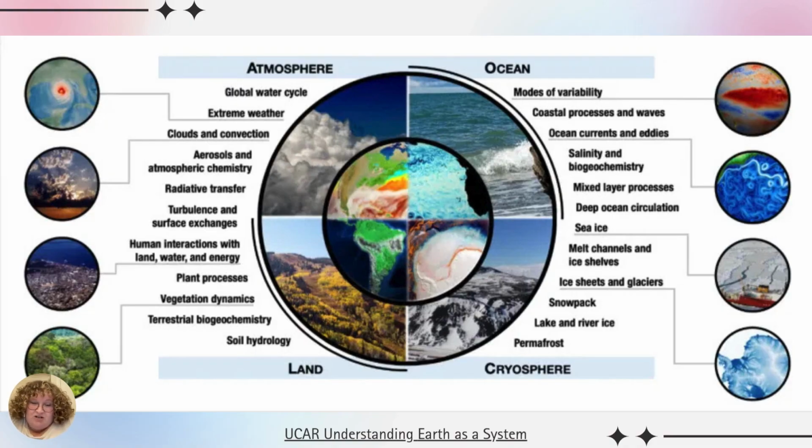And now I'll go from ocean to cryosphere: modes of variability, coastal processes and waves, ocean currents and eddies, salinity and biogeochemistry, mixed layer processes, deep ocean circulation, sea ice, melt channels and ice shelves, ice sheets and glaciers, snowpack, lake and river ice, and then permafrost. So overall, you don't have to memorize all these processes. The point is for you to see that there's a lot of interaction between all of these Earth systems that make up and impact our climate system.